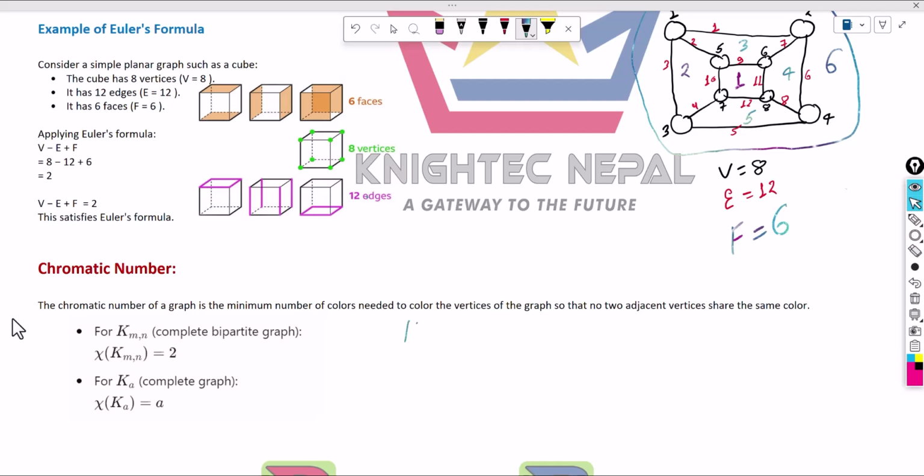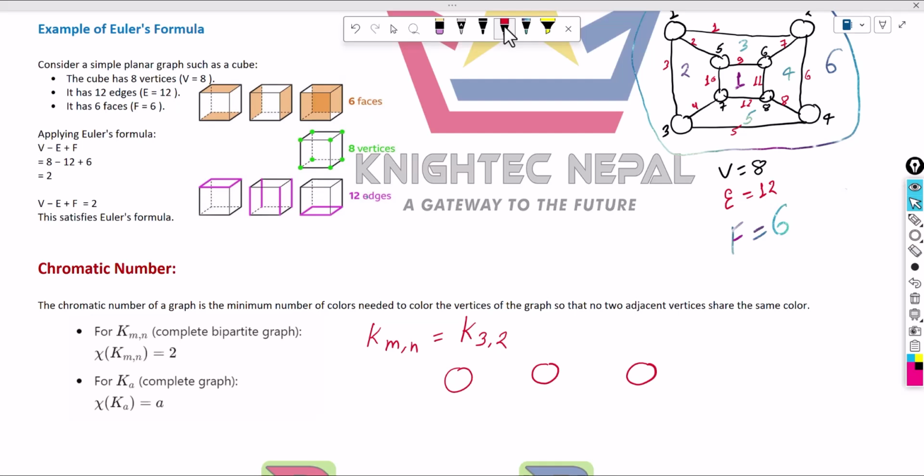Let us take Kmn, that is K 3,2. So I need to construct the complete bipartite graph of K 3,2. So these are the two subsets, having 1, 2, 3 vertices in the one subset.